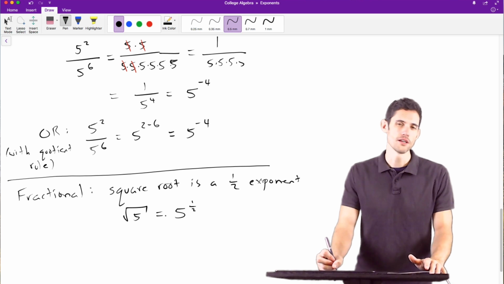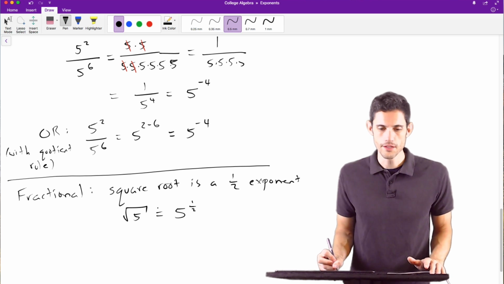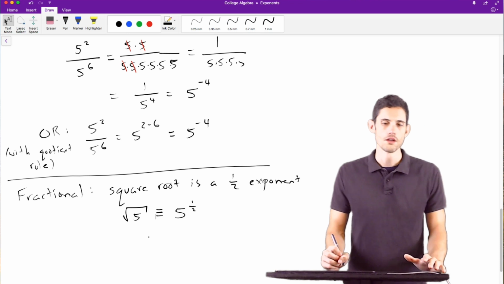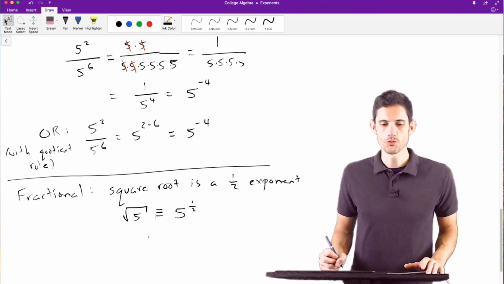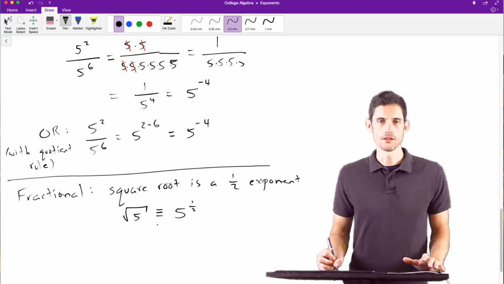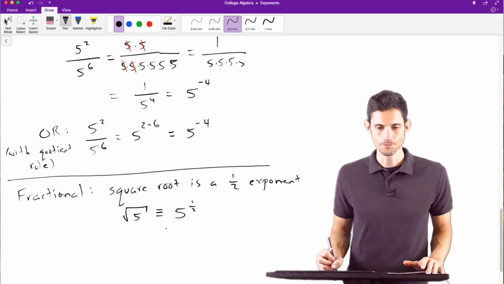And I don't mean to just say they're equal. I mean it's a different way to write the same number. So I'm not trying to say this is an equation. I'm trying to say these two things are equal. They're just different ways of writing the same number with different symbols. So that's why I use the 3 lines on the equal sign.